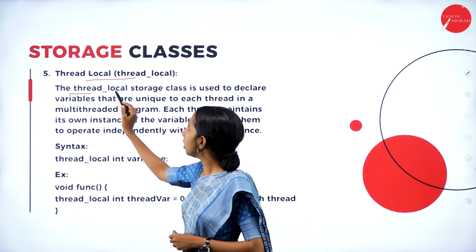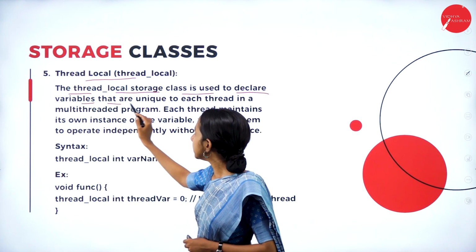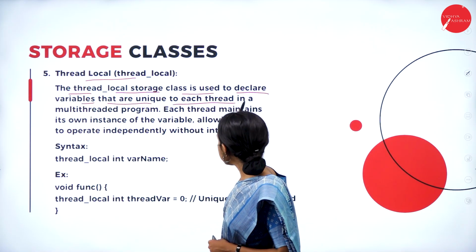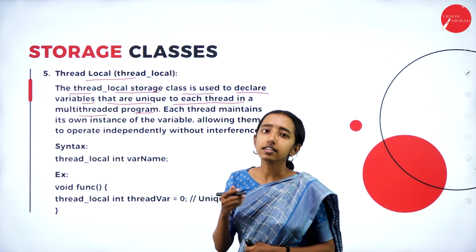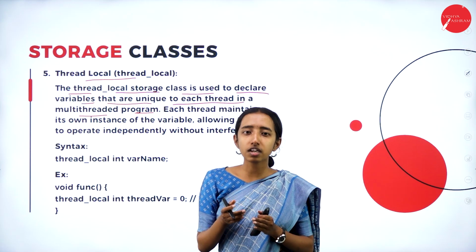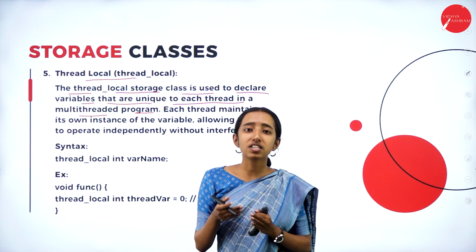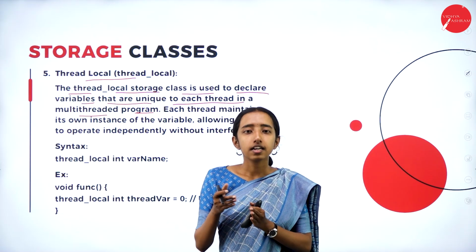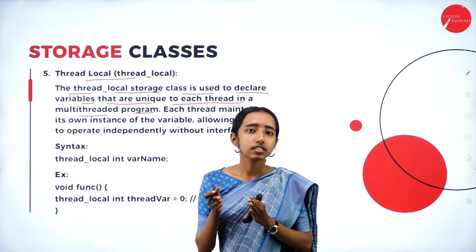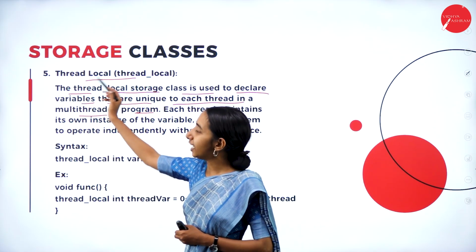The thread local storage class is used to declare variables that are unique to each thread in a multi-threaded program. Thread is another concept, related to processes. What is a thread, how does it work, what is multi-threading? That is a whole new chapter, and here we only cover thread local.